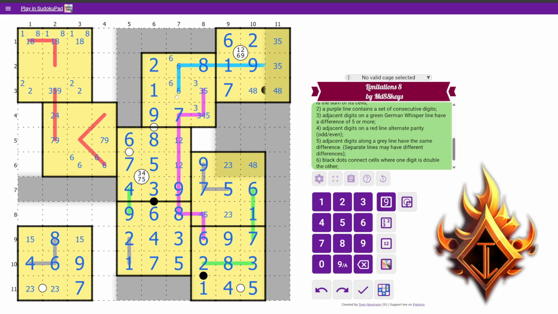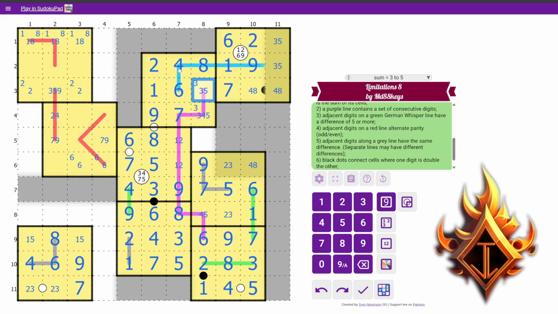Alright, we have a 4 up here. And it must be at the top. We know that because we have 9 digits along this column. We have not had a 4. That is not an 8. Oh, that scared me though. 4, 6.